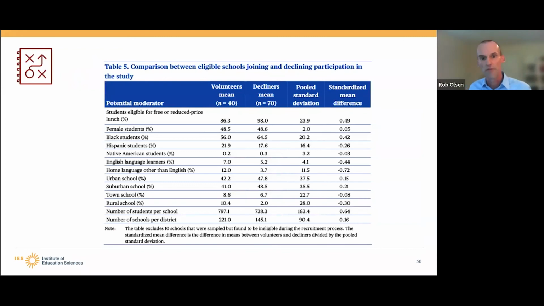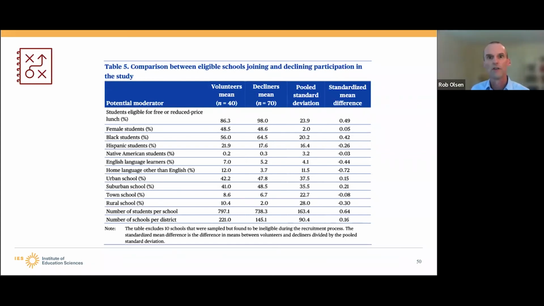Now, continuing the hypothetical example, the table shown here uses data from the population frame to compare the 40 schools that agreed to participate in this hypothetical study to the 70 schools that were recruited, confirmed eligible, but did not agree to participate. These two groups were different in some notable ways.